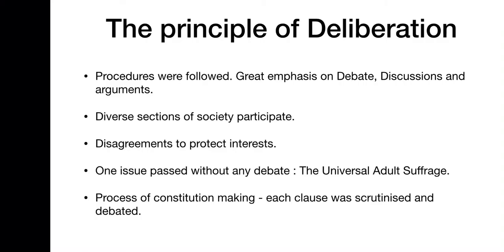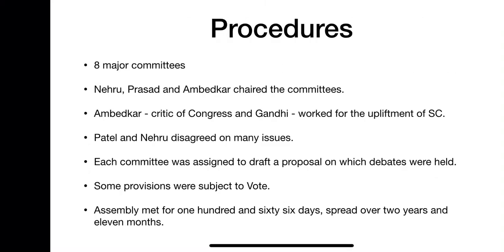There were disagreements to protect their self-interest as well. One issue which was passed without any debate was the issue of universal adult suffrage. This process of constitution making requires each clause to be scrutinized and debated well. The importance of public reason was emphasized in the mundane procedures of the assembly as well.